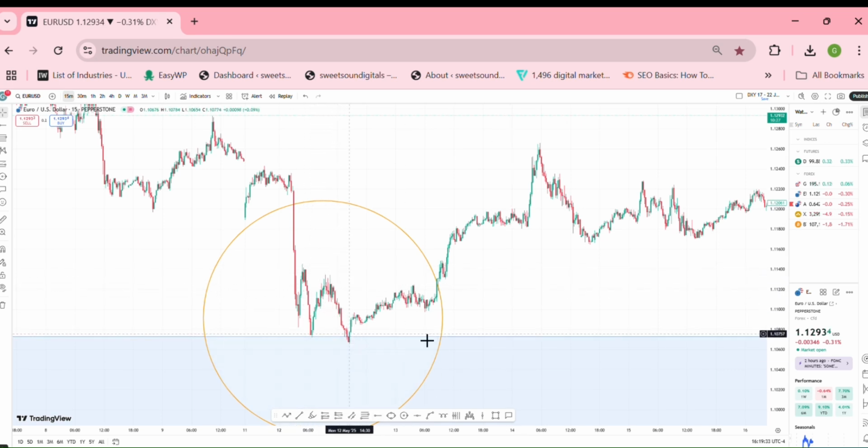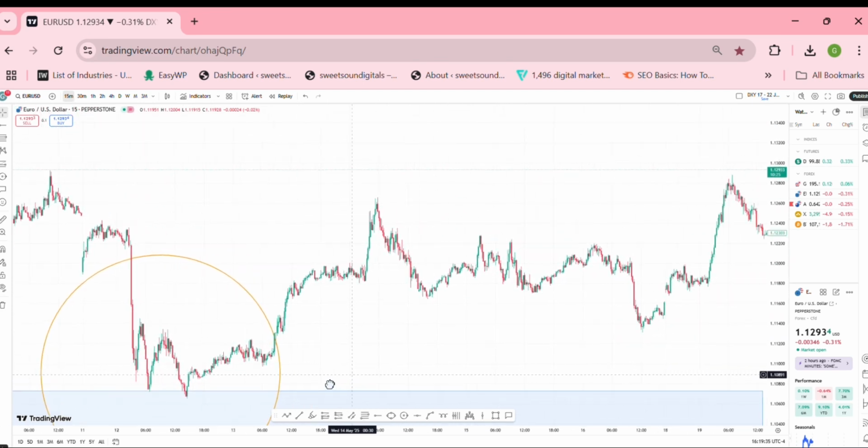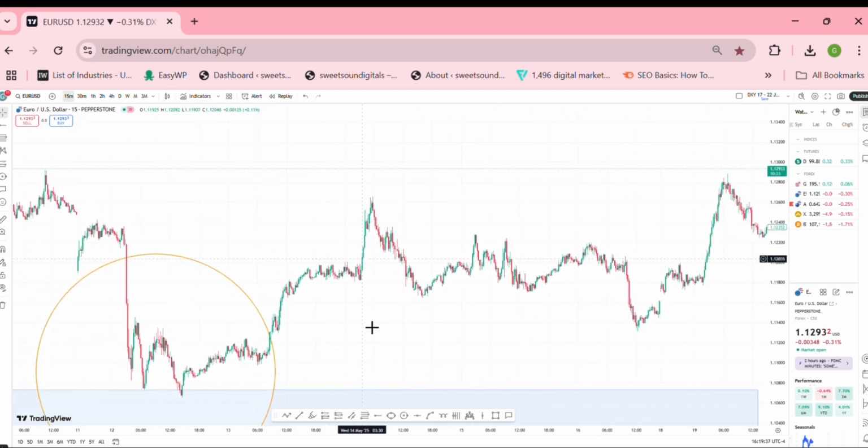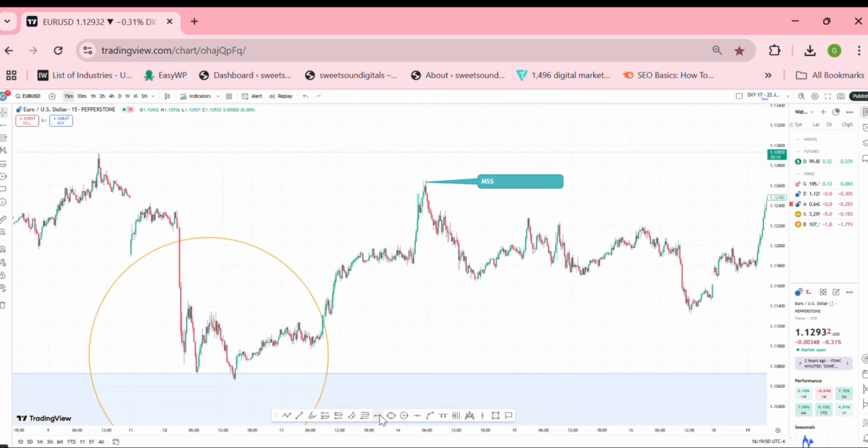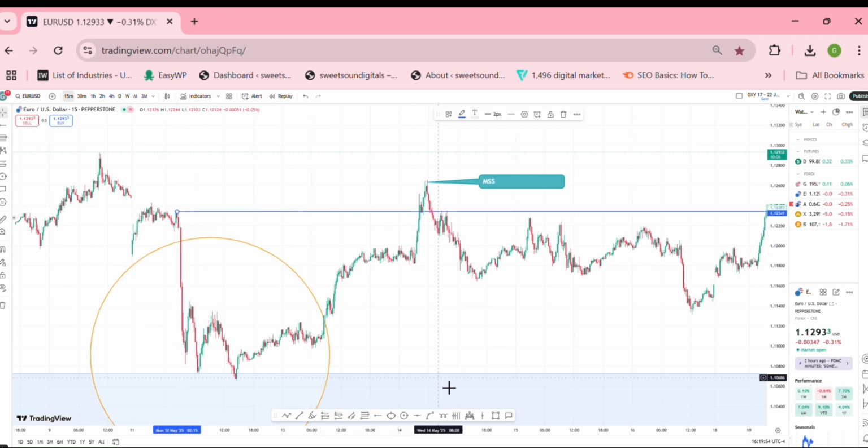We have to wait for it to come back and mitigate again. We identified a market structure shift. This is the market structure shift, taking out this zone.